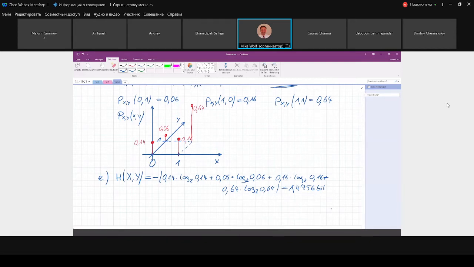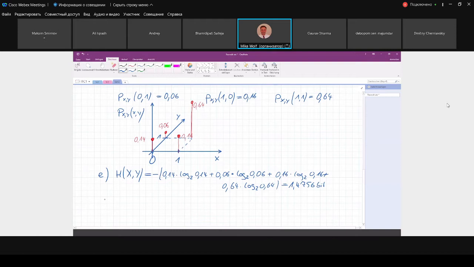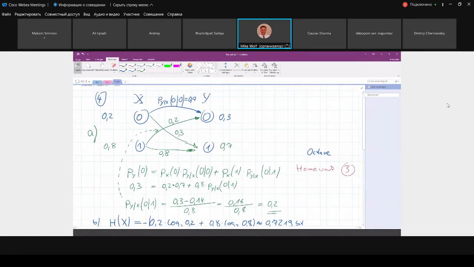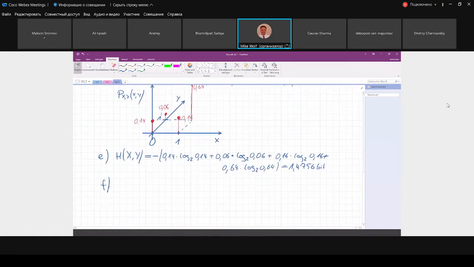Now we can go to part F, and try it on your own. Now we are looking for the conditional probabilities just in the opposite direction, as you can see. In the figure above, we have the conditional probabilities of y given x. Of course, we can also calculate in the other direction. This is just training for you. So what we are interested in is basically, let's say I draw it, 0, 1.